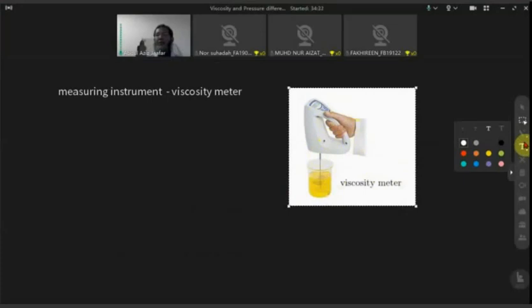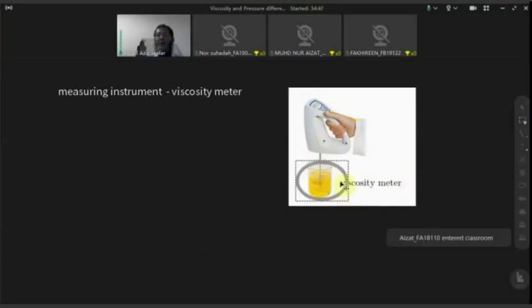But what we look at here, the circle there, is actually the plate that represents the plate just now when we defined the viscosity, right? But this one is not in the form of a flat plate, but a rotating disc.